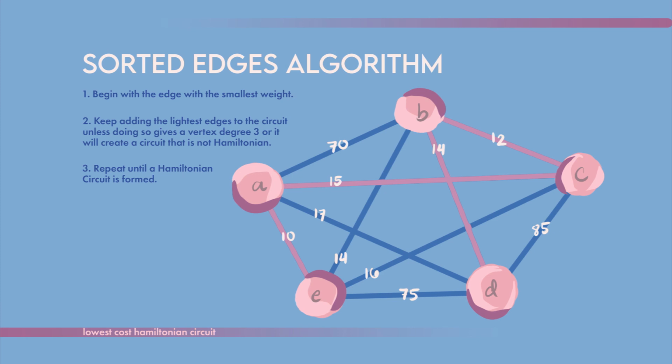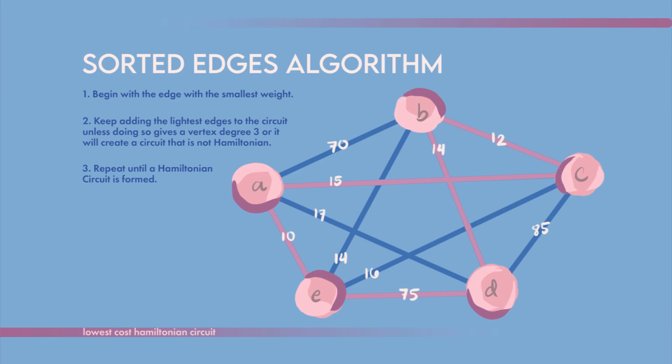We do this repeatedly until a Hamiltonian circuit is formed. While this algorithm is more apt to produce an optimal circuit than, let's say, the nearest neighbor algorithm, it is still a heuristic algorithm. It does not guarantee that it will definitely give the best optimum result.